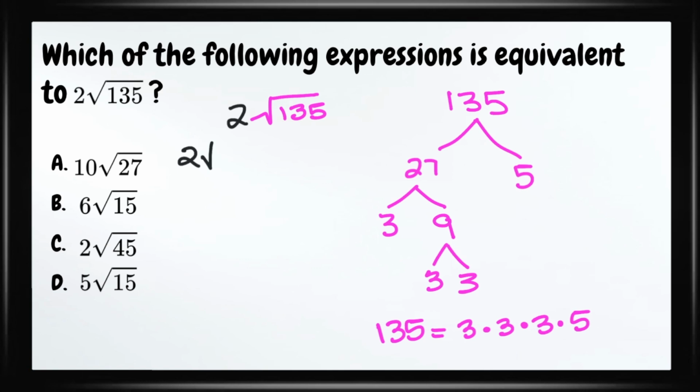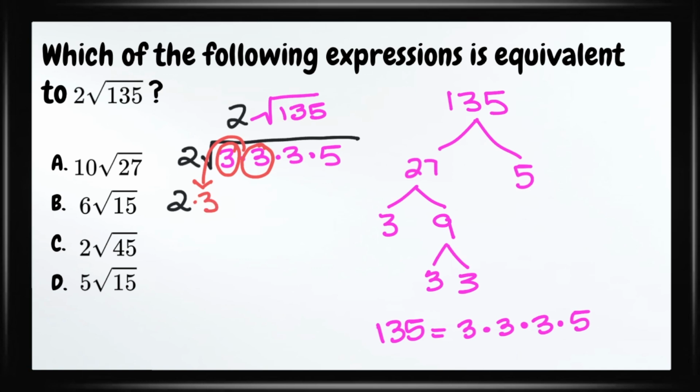But when it comes to the square root of 135, what we are going to write is 3 times 3 times 3 times 5, the prime factorization. From here, we're going to keep the 2 outside. The reason why we did the prime factorization is because every time that we have two numbers that are the same, or doubles, they're going to get out of the radical as 1.